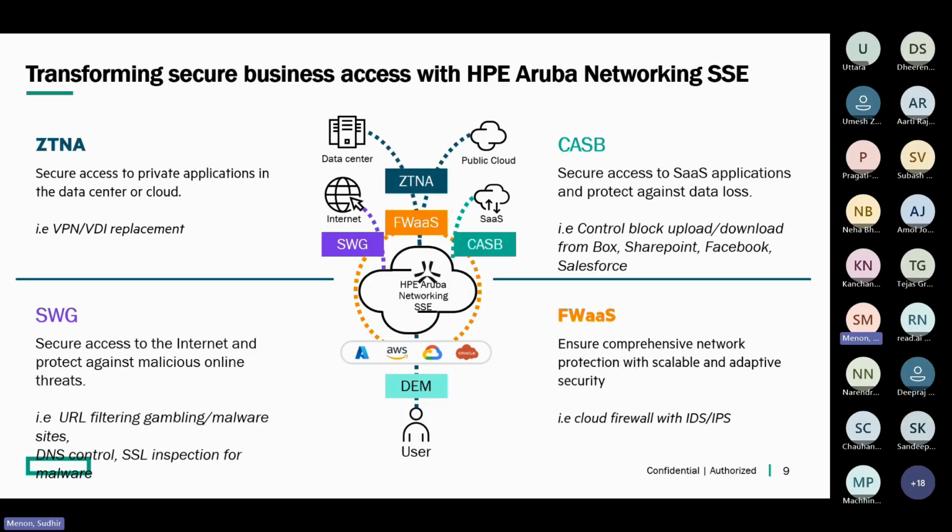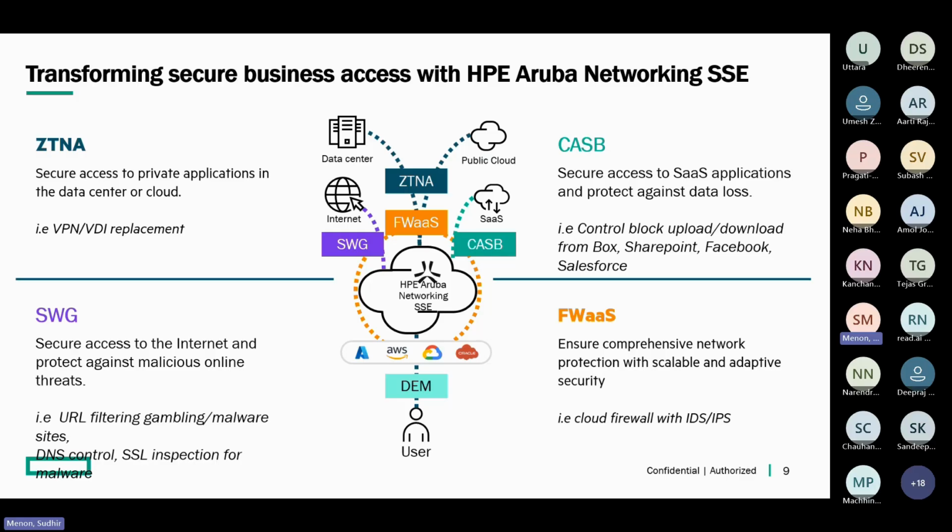The third building block is CASB, or Cloud Access Security Broker. While I think CASB is more of a dying concept with ZTNA coming up, nevertheless, CASB is a module which provides restricted access to your SaaS applications, depending on the type of user and the type of data, classifying the data along with DLP.